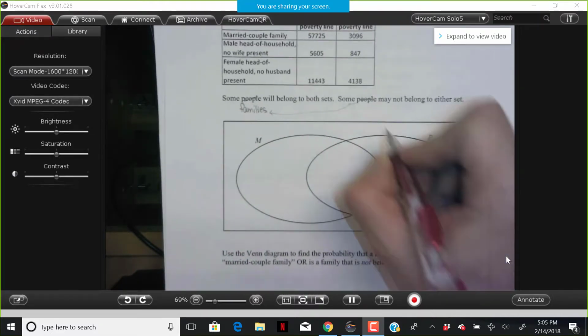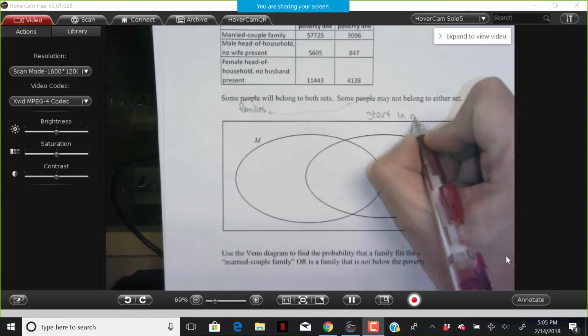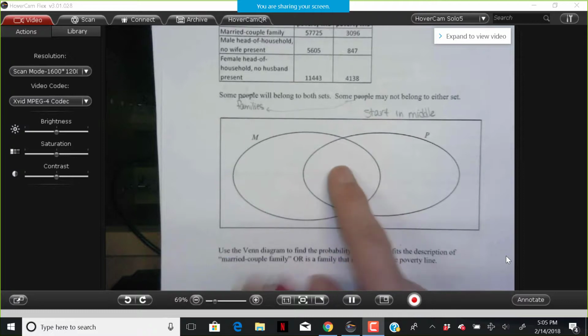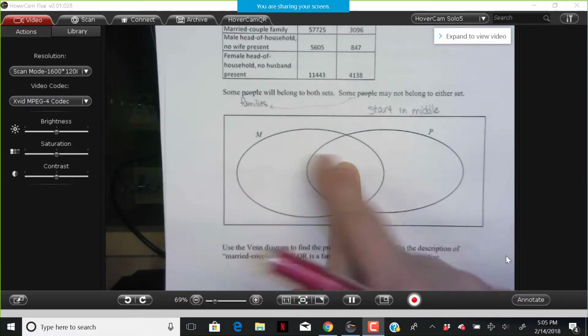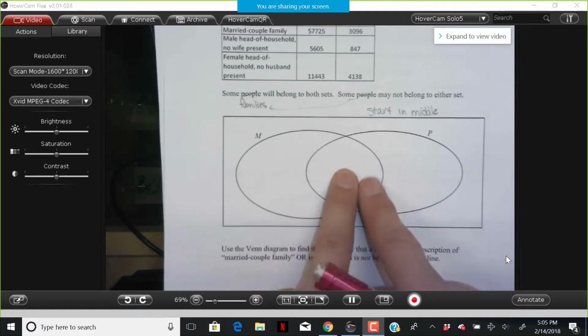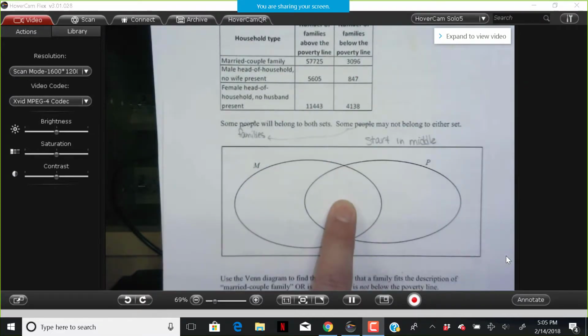So what you want to do is start in the middle. You want to start with the people that fit into both circles. How many married families are there that are also below the poverty level? Married couple families, and I have the table right here on the same page. 3096.